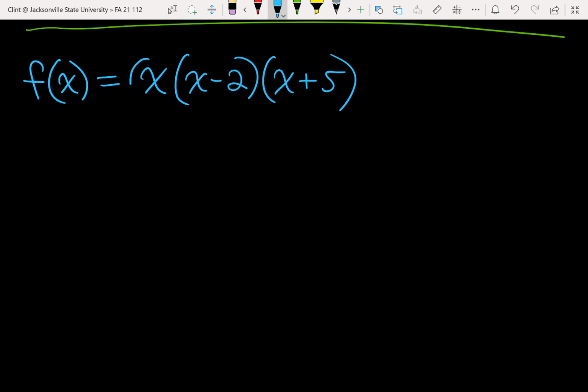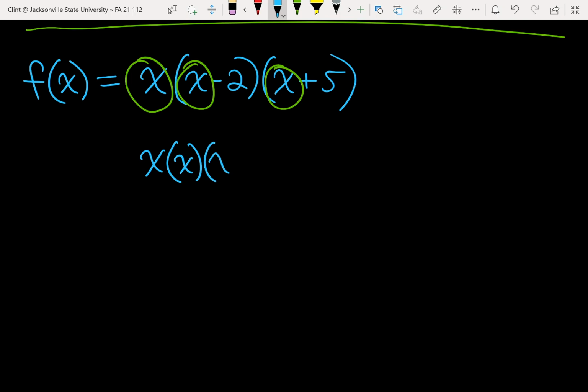So this one I have x, this one I have x, this one I have x. If I multiply all those together, I get x to the third. So we've got another degree 3, so odd degree.